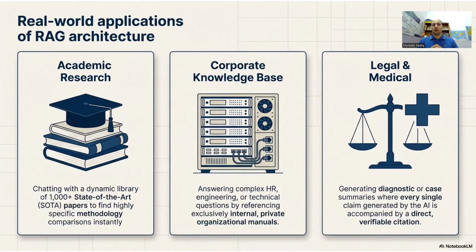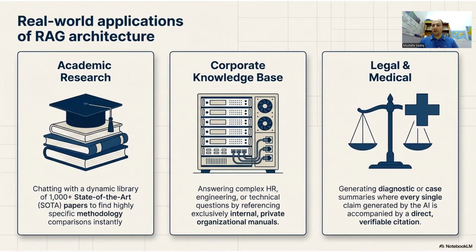But now, with retrieval augmented generation, it is like chatting with thousands of state-of-the-art papers and finding highly specific methodologies and comparisons instantly, unlike the previous large language models. Now we have a corporate knowledge database, because you can get answers to complex HR, engineering, and technical questions by referencing exclusively internal private organizational manuals without bothering any one of your colleagues in the team.